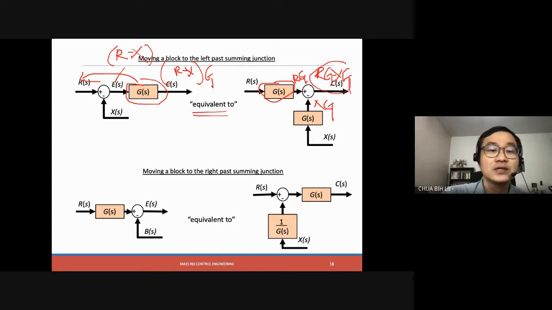That's why when we move this block to the left hand side of the summing junction, we also need to add another block of G at the bottom, to the feedback side of the signal, right?